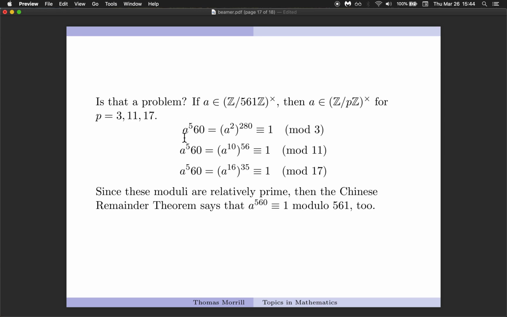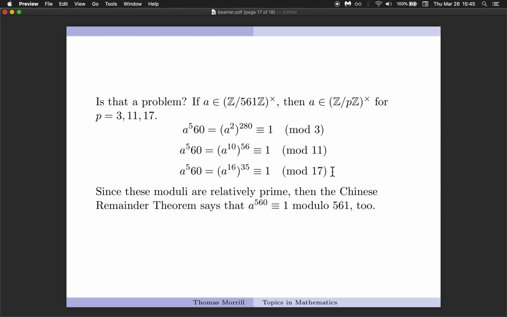I have an equation that says A to the 560 is 1 mod something. A to the 560 is 1 mod something else. A to the 560 is 1 mod a third thing. Yeah, they are 3, 11, and 17. Those are all relatively prime because they are different prime numbers, which means the Chinese remainder theorem kicks in.